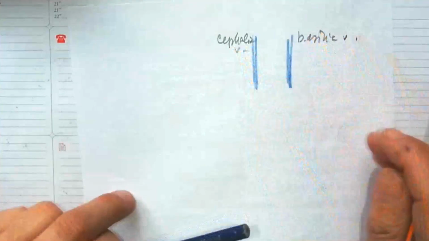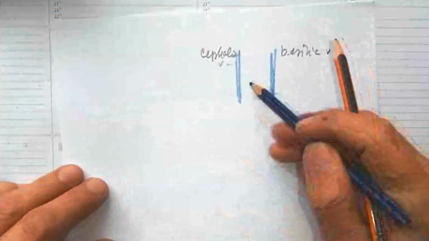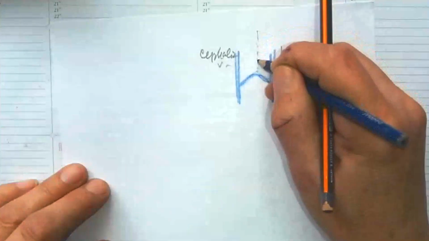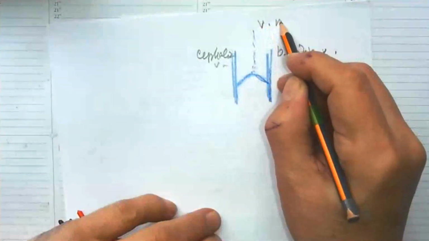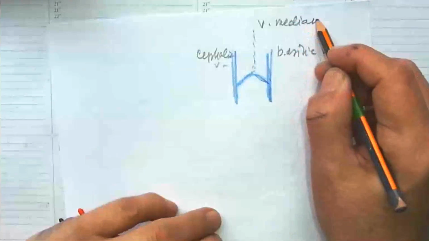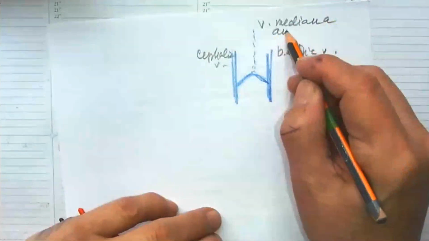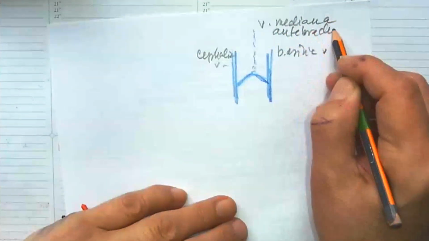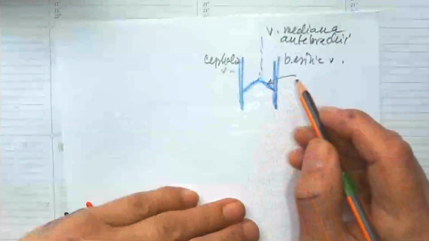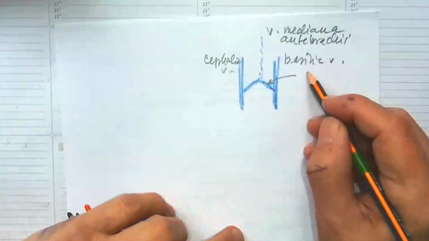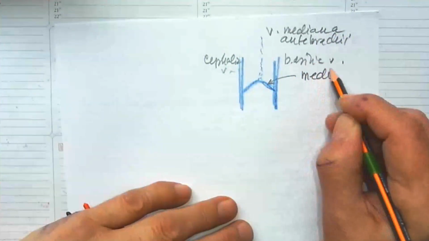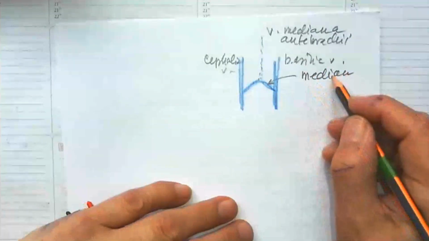cephalic vein, basilic vein. They are interconnected by a very variable vein called the vena mediana cubiti, which is attached to the vena mediana antebrachii. This one is the vena mediana, median cubital vein, either the Latin or English version, it doesn't matter.